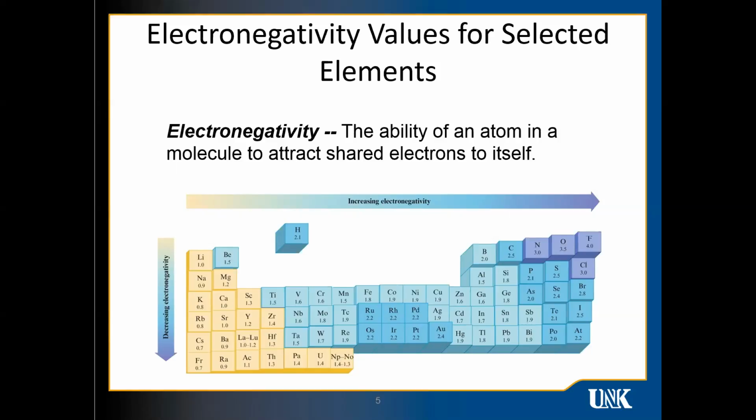As the electronegativity decreases, the value becomes lower. The least electronegative atoms in the periodic table are the ones in the lower left, so cesium and francium, and those values are 0.7. So these values are important because what we can look at are the differences in the electronegativities between atoms that are bonded together.